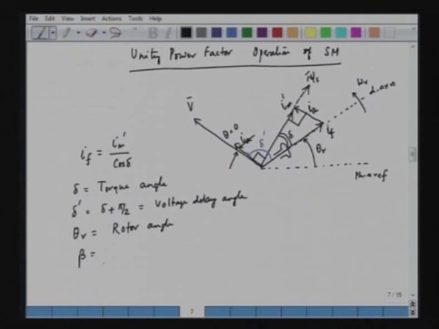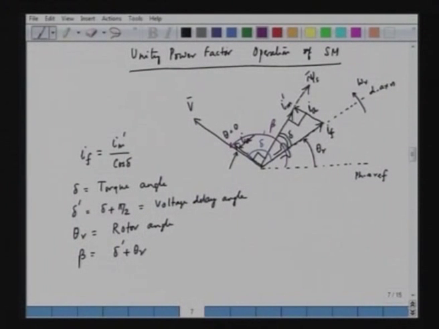Beta is equal to delta prime plus theta r. So, this angle is beta.